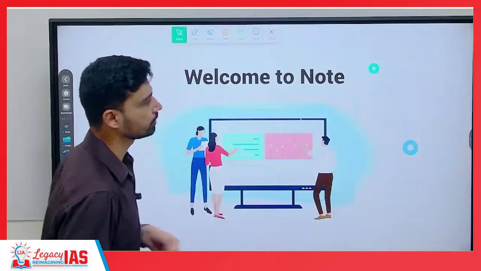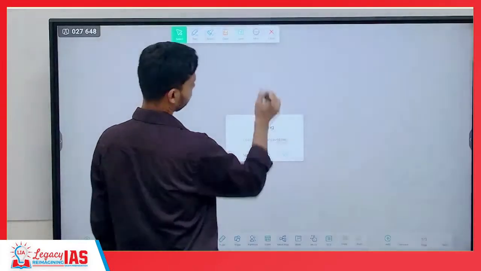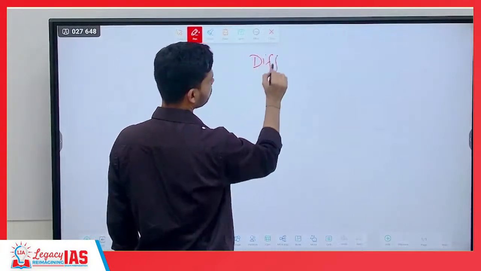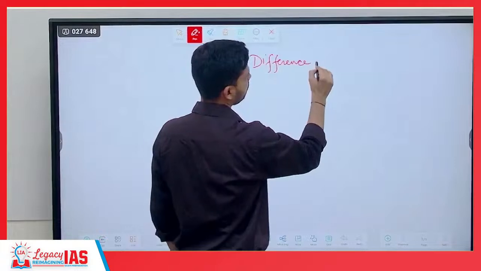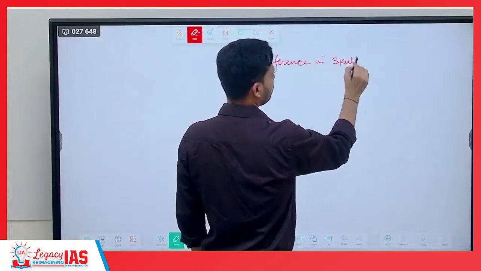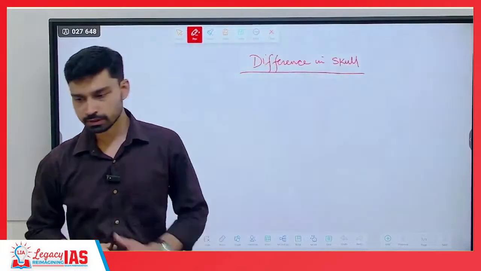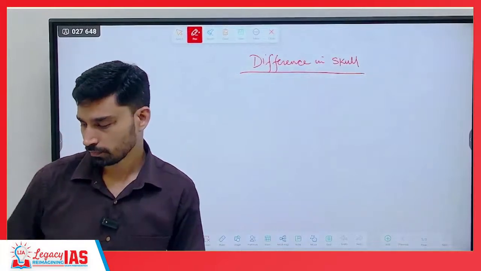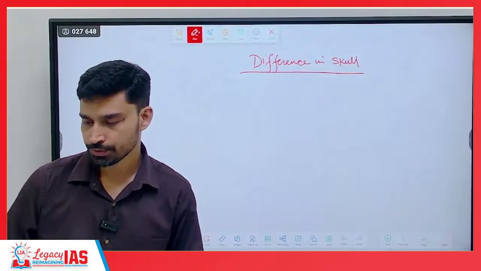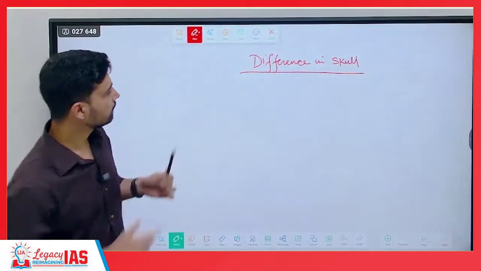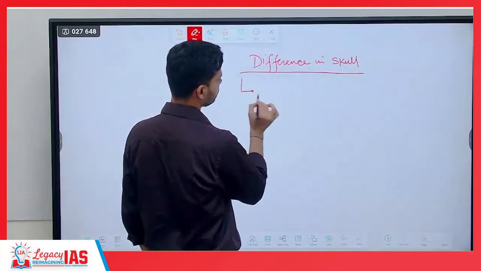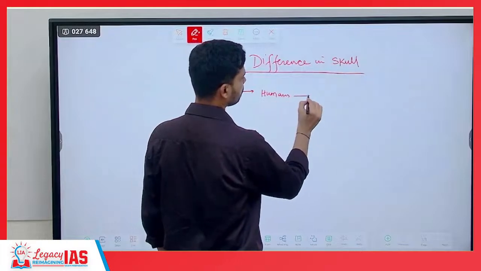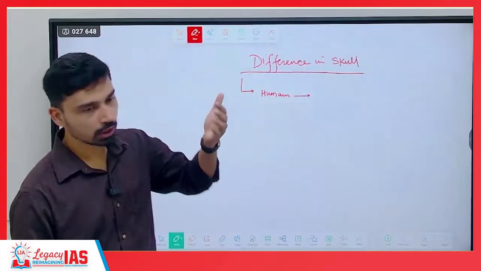Difference in the skulls of man and ape. So first, if you look at the sizes in humans, see, we can talk about the skull.